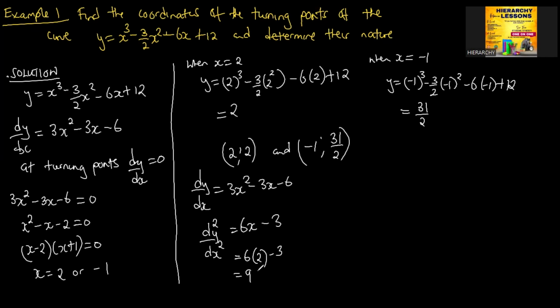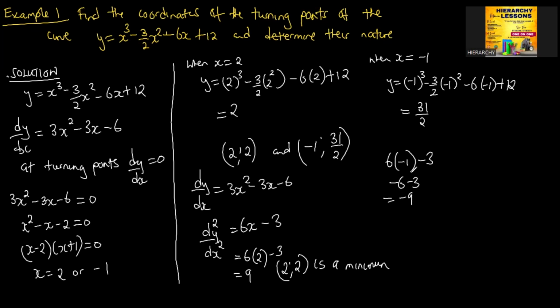So it's positive. What does it mean? It means 2, 2 is a minimum, because the sign is positive, greater than 0. And then for the other point, we get 6 times minus 1 minus 3, so minus 6 minus 3, which is equal to minus 9.